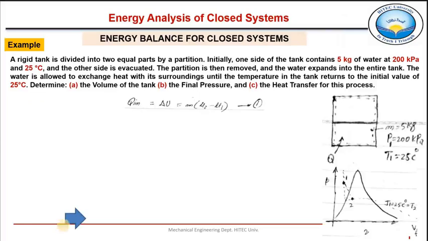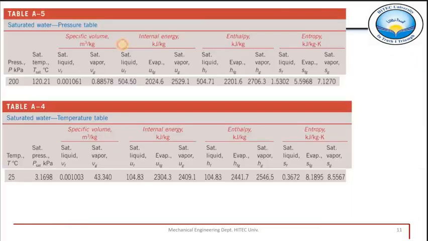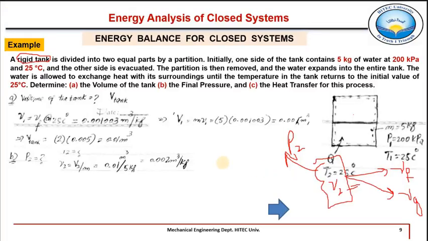So it means the state of our substance is mixture region. For state 2 at this T2 and V2 of 0.002, the substance is in mixture region, because we have seen what is Vf at 25 degrees Celsius and what is Vg, and this shows that our volume V2 is between these two values.